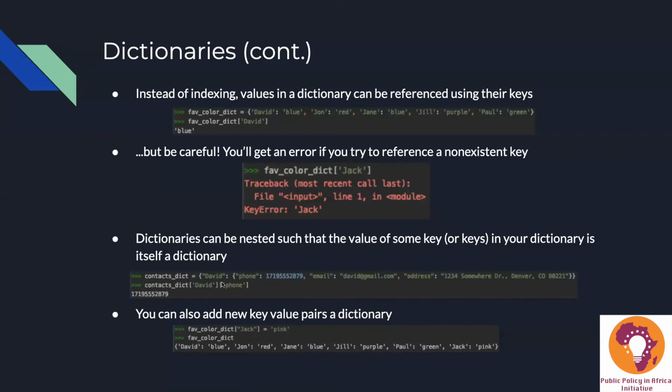So then say we want to get a value from that nested dictionary. What we do is chain together these square brackets. We want to get David's phone number, so we do the square bracket David first, and that returns this inner dictionary. Now we want to get the phone number from there, so we do another square bracket and then phone, and that will return the phone number from that inner dictionary.